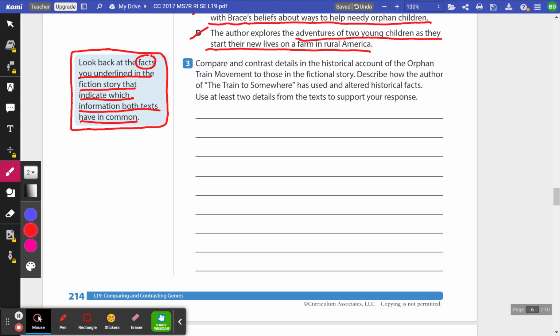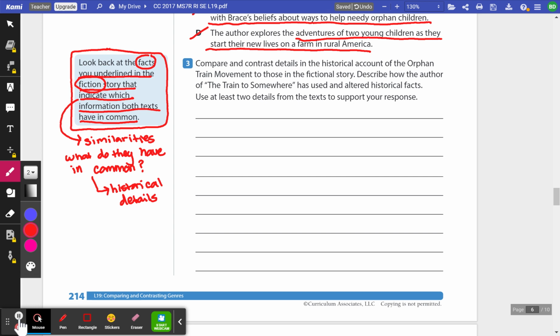So we're going to go back and look at the fictional story to see what it had in common with the historical account. So for this, we are thinking about those similarities. So once again, we're thinking about their similarities and what they have in common. So you've got to ask yourself, what do these two passages have in common?